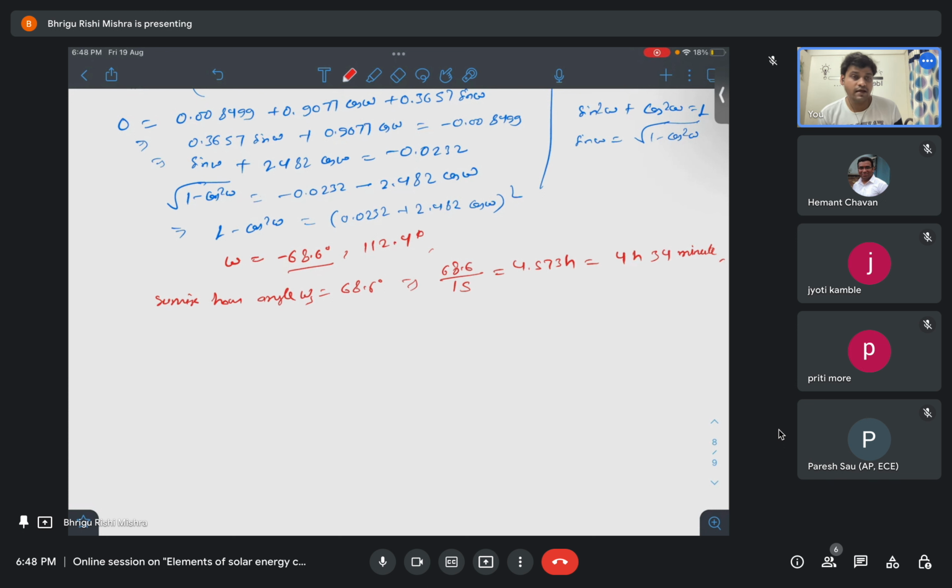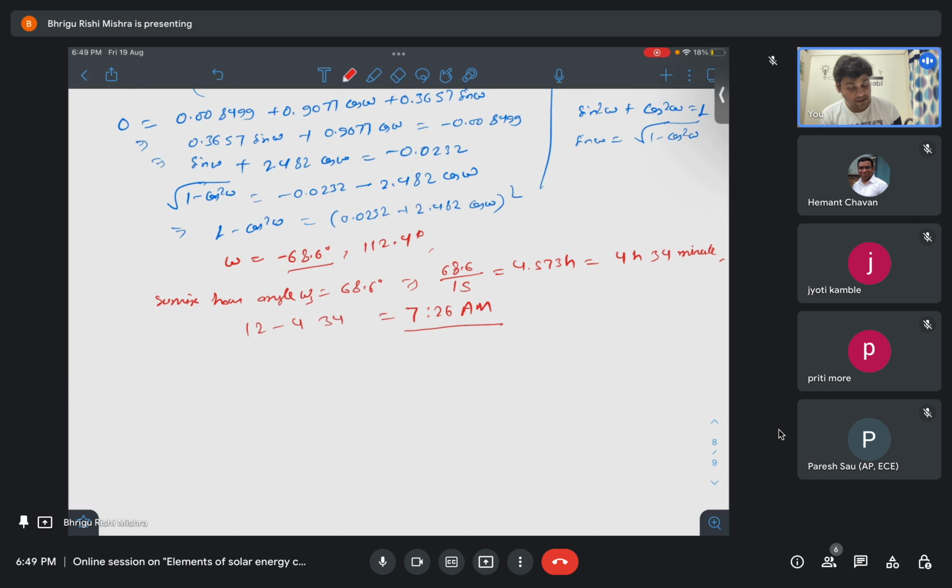If we calculate it with respect to 12 noon, it is 12 minus 4:34, sorry, 60 minus 34 is 26, so it turns out around 7:26 am. So this is the sunrise time for the tilted surface.